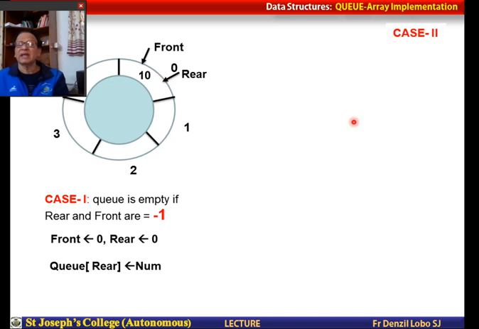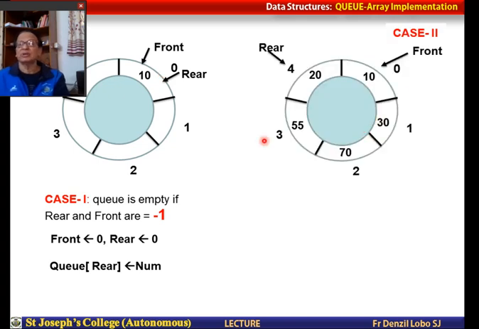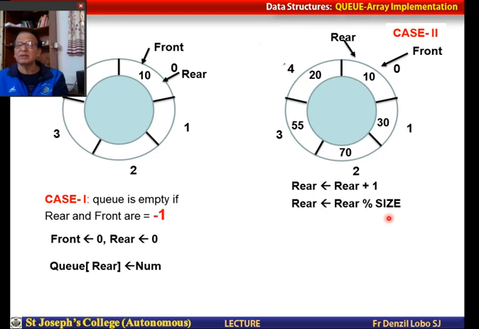Let us take case number 2. Case number 2 here, as you see, this circular queue is full. Now I want to add one more number. Naturally, the rear value is going to be, in this case, since rear becomes 5, 5 modulus size, it becomes 0. But then what happens?